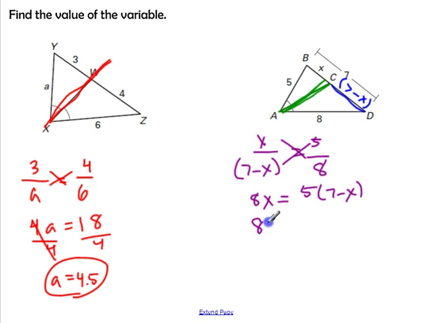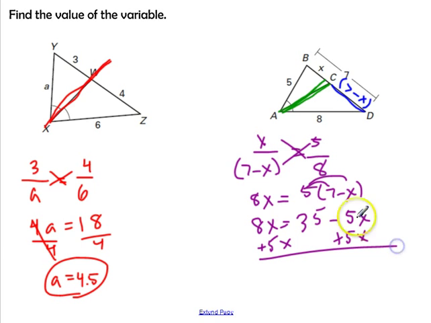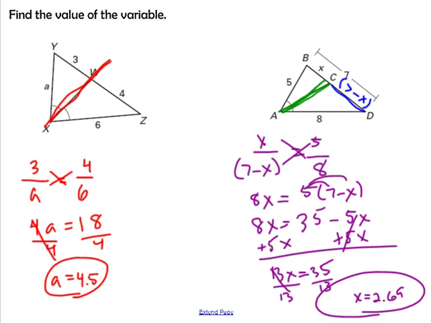So we have 8x is equal to 5 times 7 is 35, 5 times negative x is negative 5x, and then we need to get the x's on one side together, so let's add 5x to both sides, and then we get 13x is equal to 35. So when we divide both sides by 13, we get x is equal to 2.69. And that's our final answer.